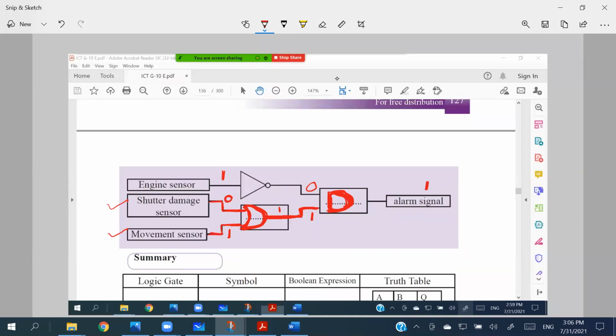People, is that clear? Yes, Ravindu, tell me the place that is not clear to you.